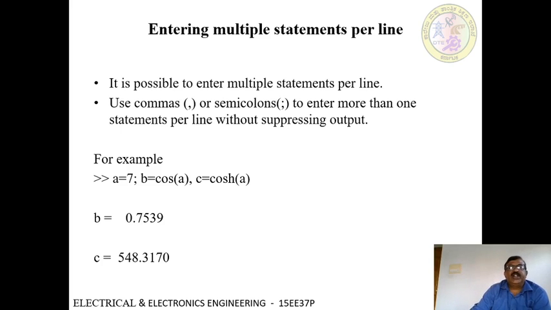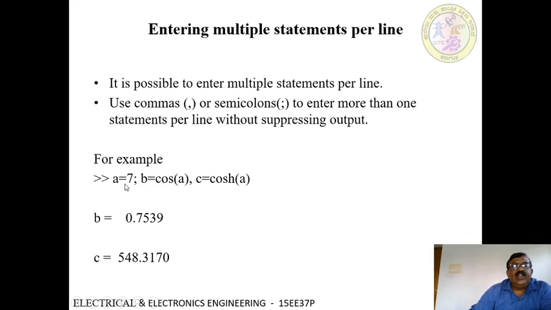It's possible to enter multiple statements in a line. To enter multiple statements, we can use a comma or semicolon. Here we use semicolons to suppress the immediate output and commas to separate the statements.